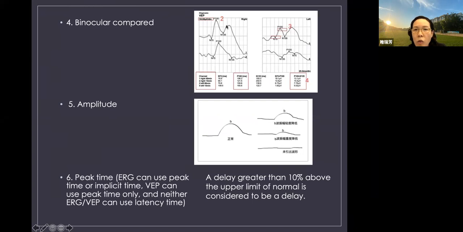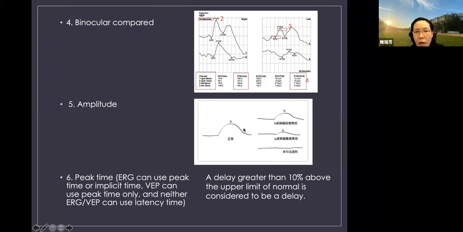We need to know both the peak times and amplitudes. If we have a normal peak, we record it and write down the value.